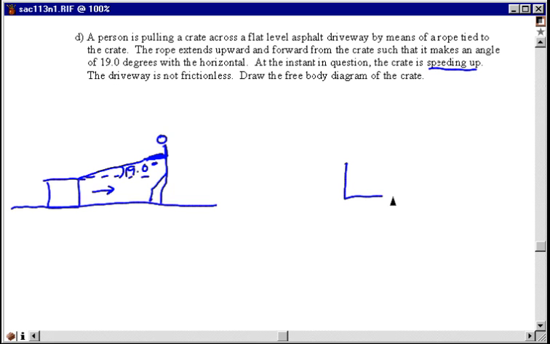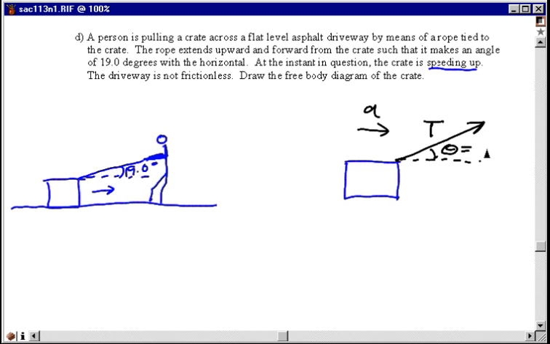So we draw a free body diagram of the object, and include the fact that the object does have some acceleration right off the bat by means of an arrow that's not touching it. Then let's get the force exerted on the object by the rope. The rope is touching it. It exerts a force that I'll call T for tension. Got an angle in there.